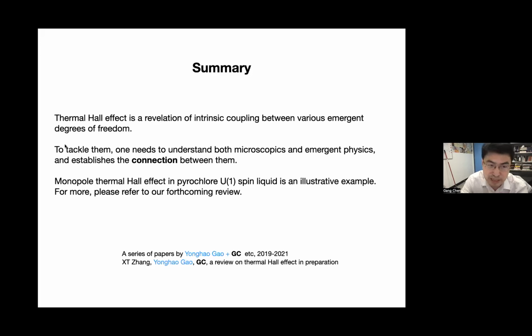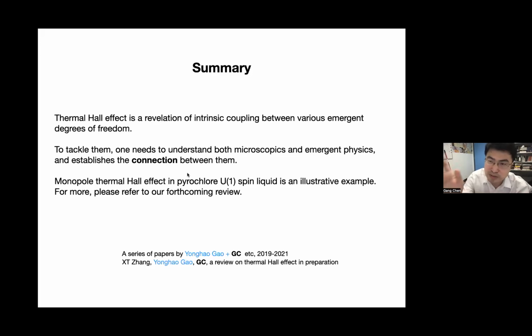To understand them, we need to understand both the microscopics, the behavior of the spin degrees of freedom and how they couple to the external magnetic fields, and the emergent physics, the connection between the spin variable and the emergent E variable, emergent B variable, emergent vector gauge potential, and establish the connection between them, right?